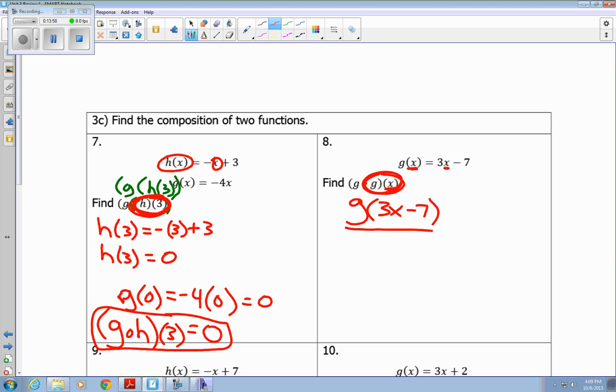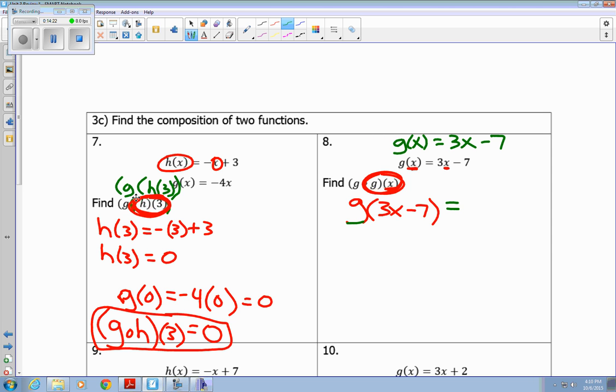So what we have to do is substitute. Well, there's only one equation up here, so I just put another equation up here. Then it looks the same as the other problems. I need to take where the x is here and put 3x minus 7.